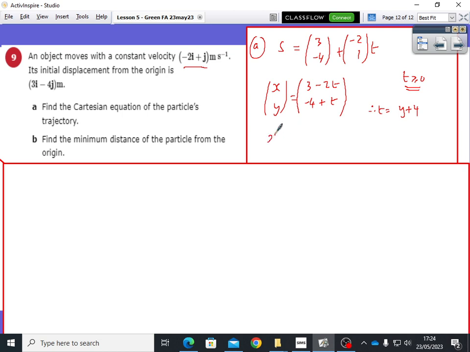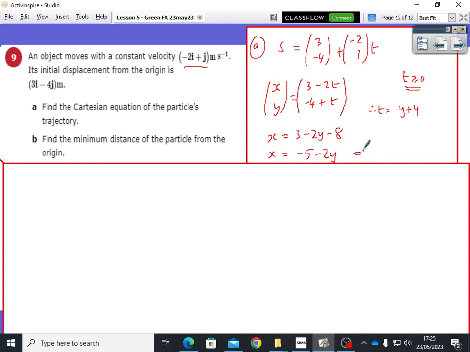So x is going to equal 3 minus 2 lots of that, so you're going to get minus 2y and minus 8. If I put that all together, I'll get x is equal to minus 5 minus 2y.